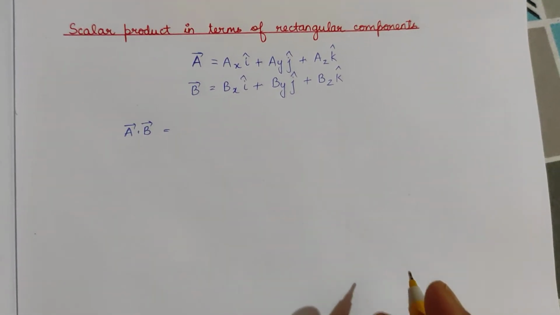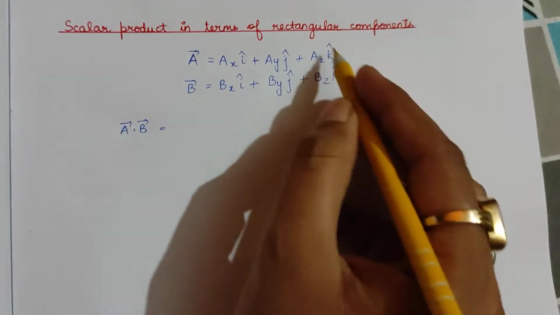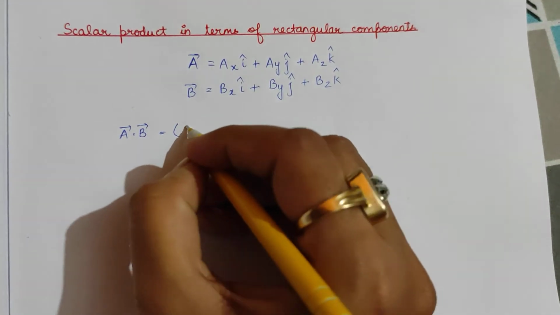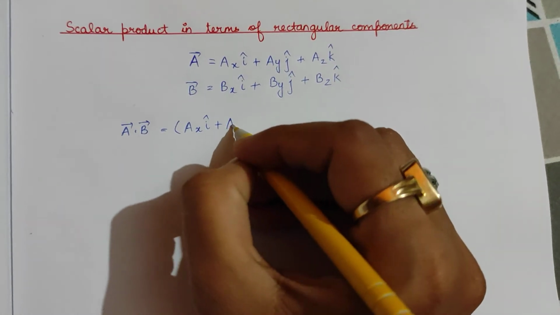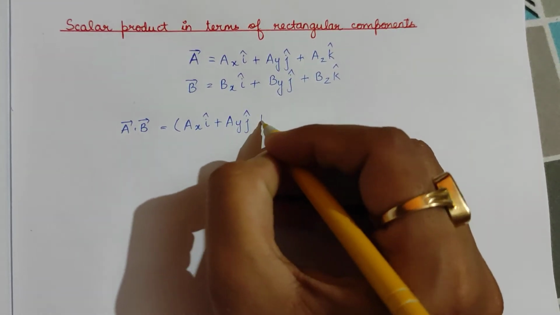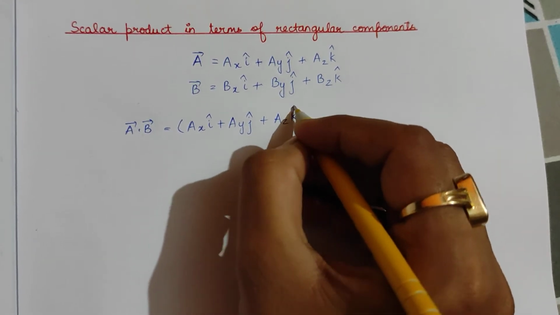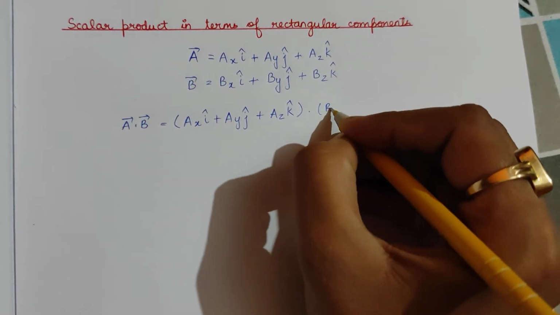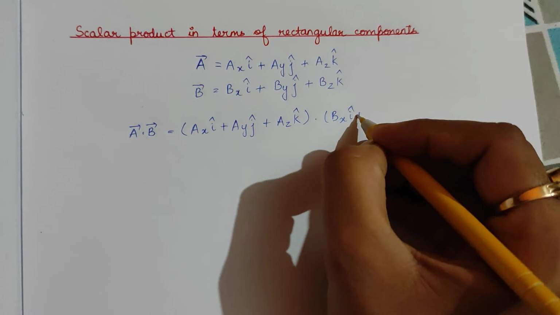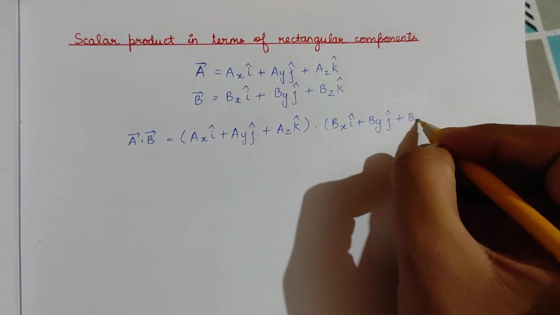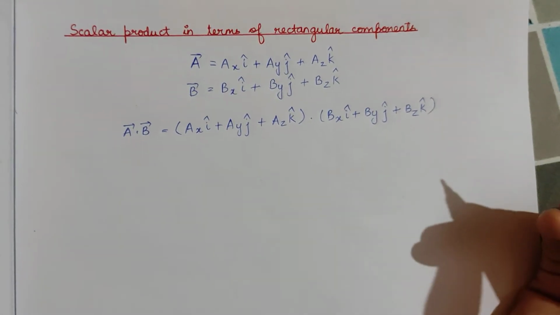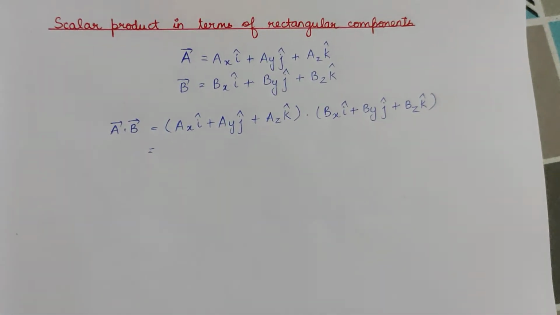Fine. Now A dot B can be written in terms of these components. So we will write it as AX of unit vector I plus AY of unit vector J plus AZ of unit vector K, dot BX of unit vector I plus BY of unit vector J plus BZ of unit vector K. Now we will multiply it one by one.